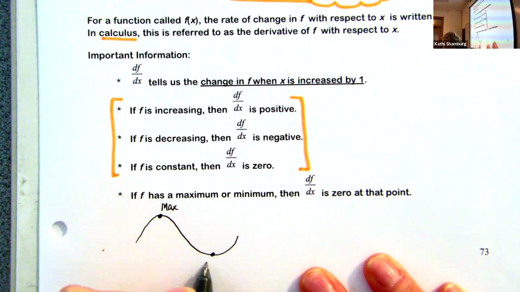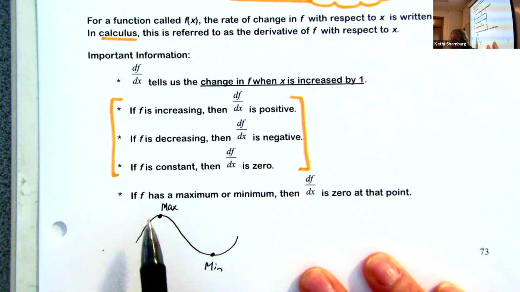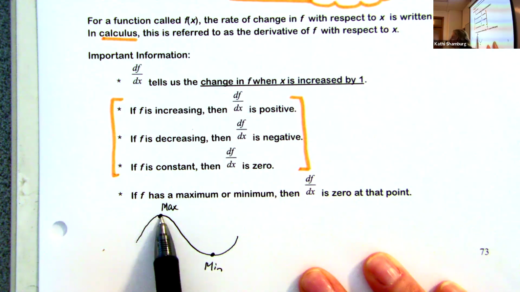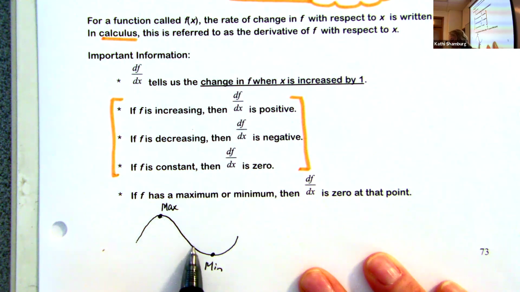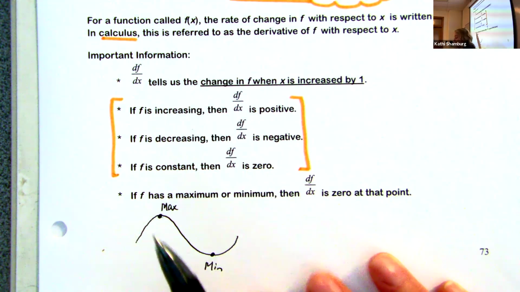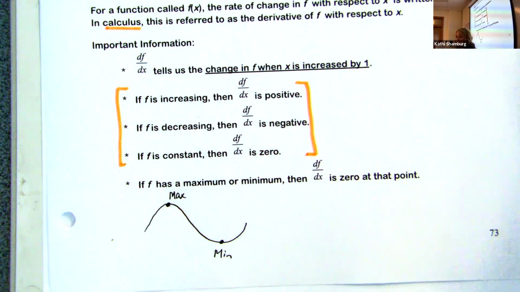The bottom of the hill would be your minimum. So what this means is you would have a positive velocity. You hit this peak, it is briefly constant at 0. And then you would decrease and it would be negative, and then you would briefly pause, it would be 0, and then it would increase again. So that's what that last bullet point is talking about, okay?